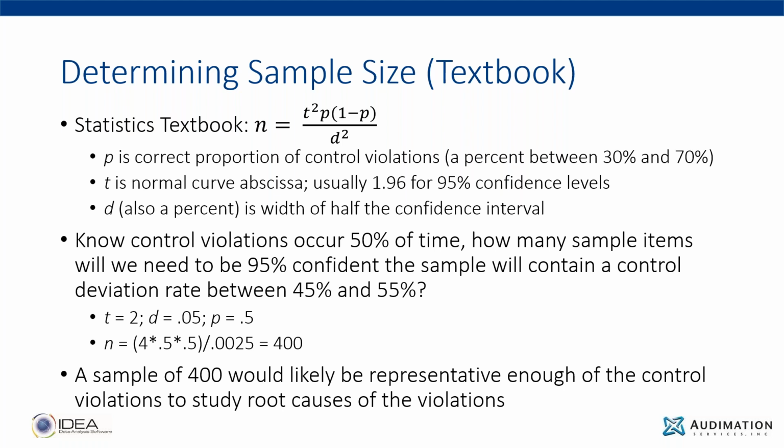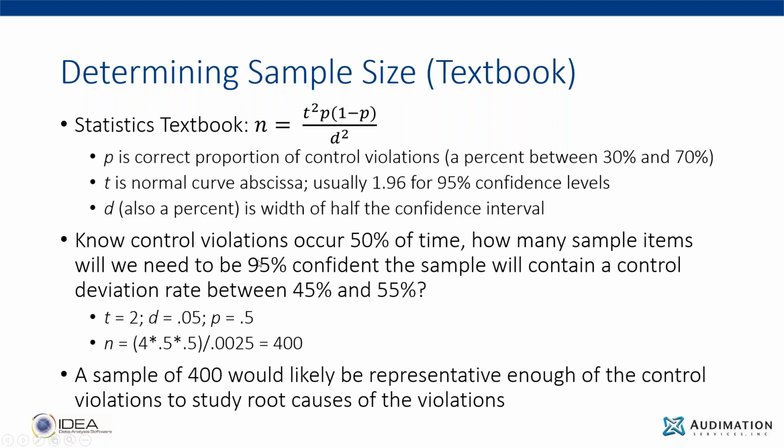Basically, it's looking to take a proportion of the control violations, P, and this percent has to be between 30 and 70%. And it's going to put in this factor called T, which is usually 1.96 for 95% confidence levels. And one can assign some sort of percent width, D, for half of the confidence interval.